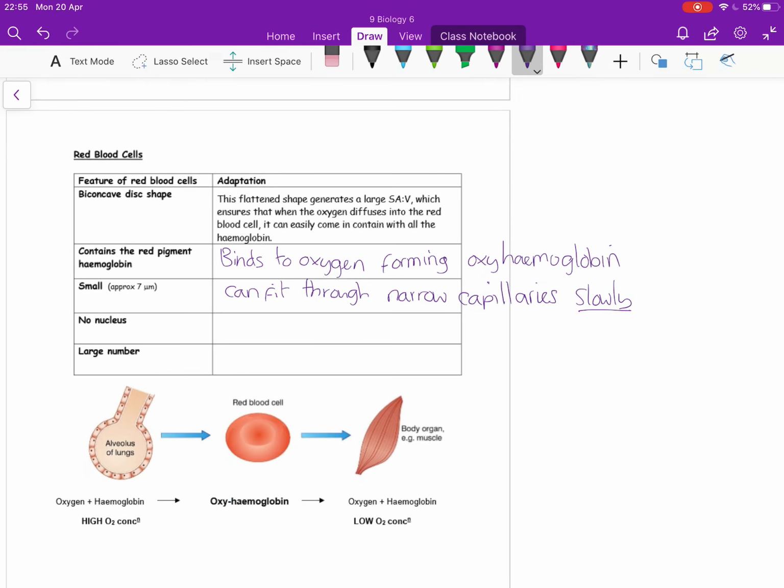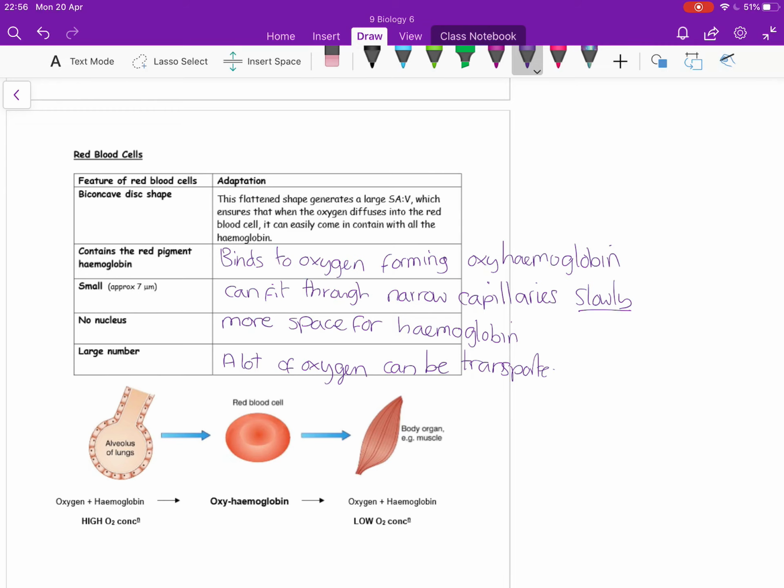And because the capillaries are so narrow, red blood cells do have to travel very slowly, which, as I said earlier, means that there is loads of opportunity for exchange. Having no nucleus means that there's more space for hemoglobin, and more hemoglobin means transporting more oxygen. And then because there are so many red blood cells, it means that your body can constantly be transporting around lots of oxygen to lots of different places.